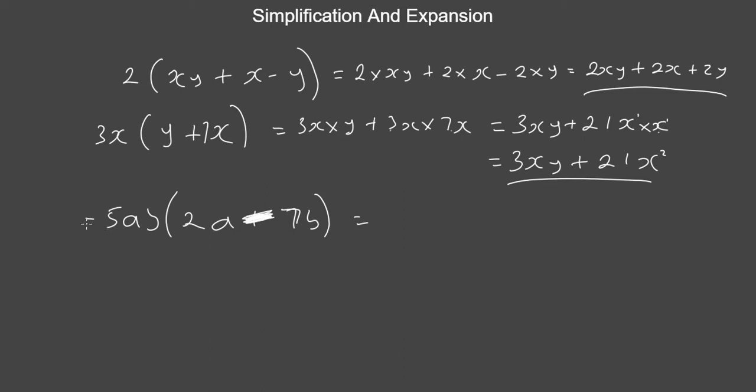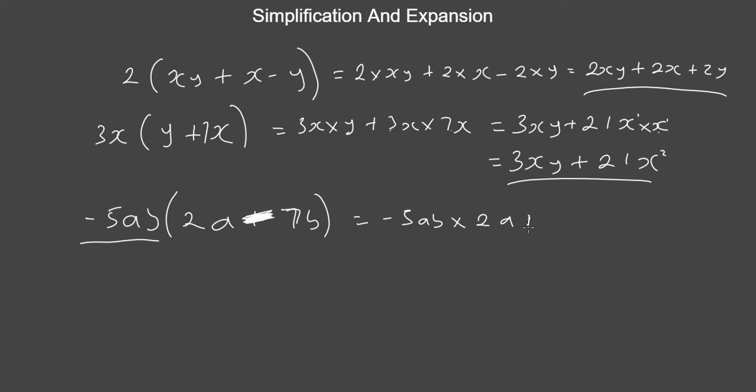But this time you have to be careful with this minus. The same way we handle minus in arithmetic, that's how you handle it here. You just say minus 5ab times, whenever there is no sign, it means plus, 2a. Then you also have minus, so this is how you can deal with this particular scenario.